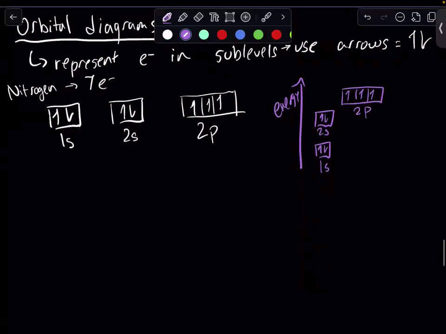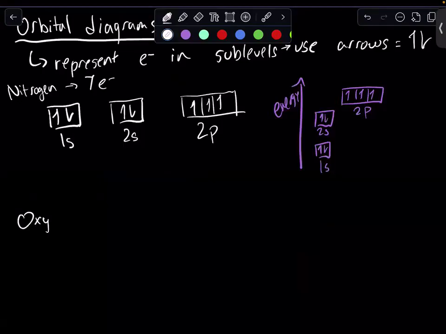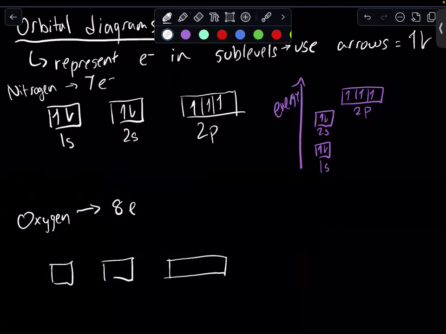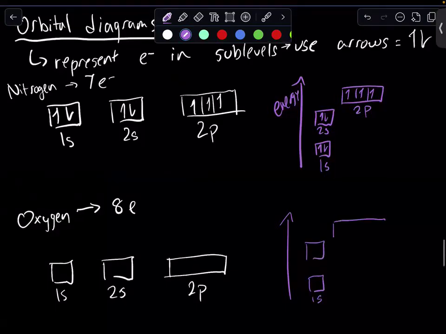So we can do one more example. Let's look at oxygen, which is right next to nitrogen with 8 electrons. And we can do it the same two ways. 1s, 2s, 2p. But this time, I'm going to use our diagram with energy taken into account to fill first, 2p.